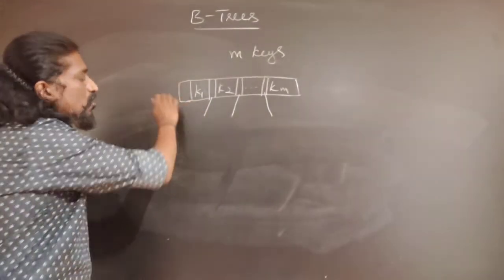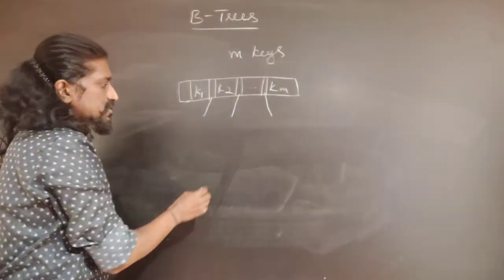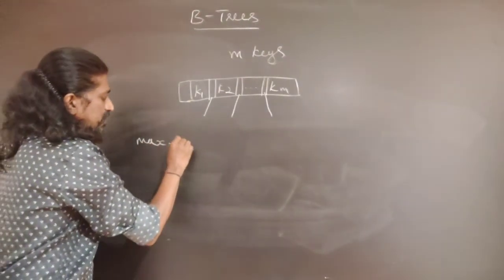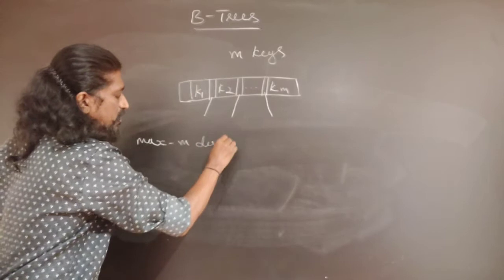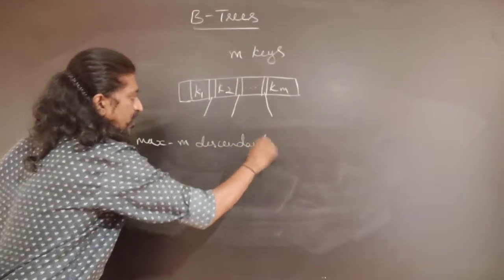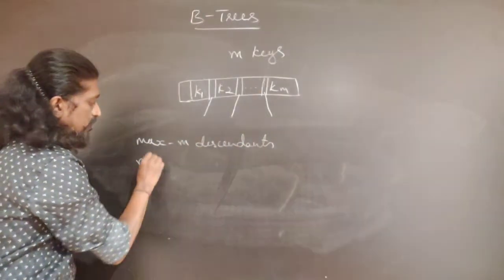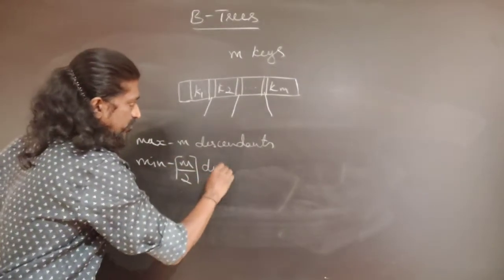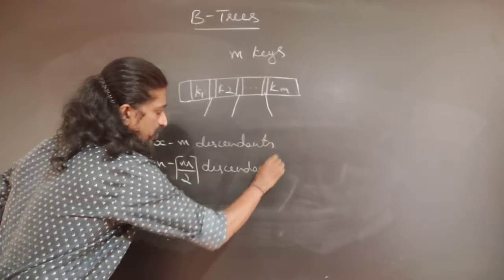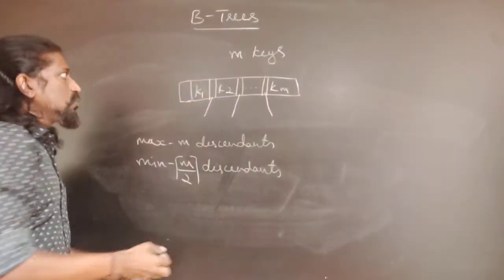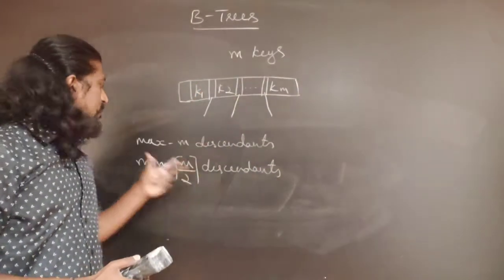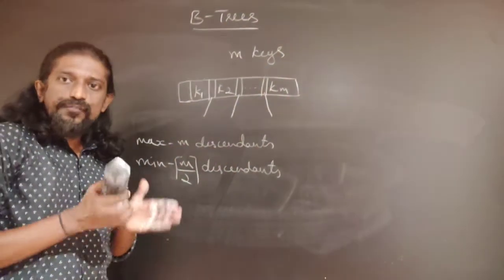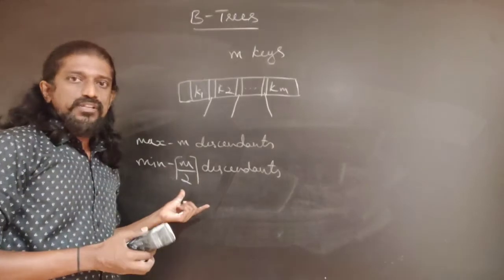So a node of a B tree which consists of m keys will have a maximum of m descendants and a minimum of m by 2 descendants.